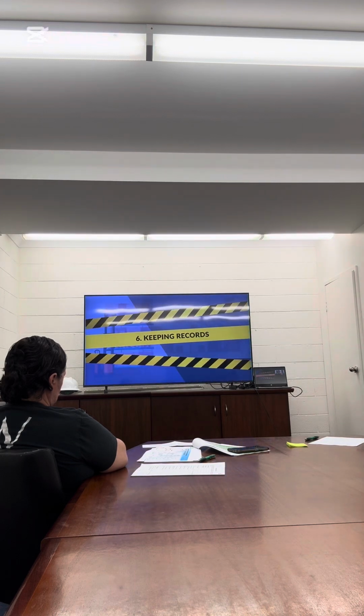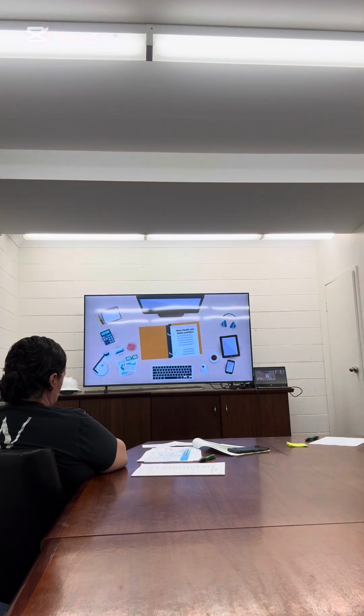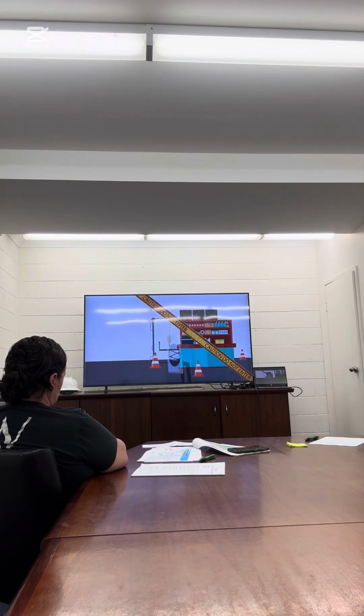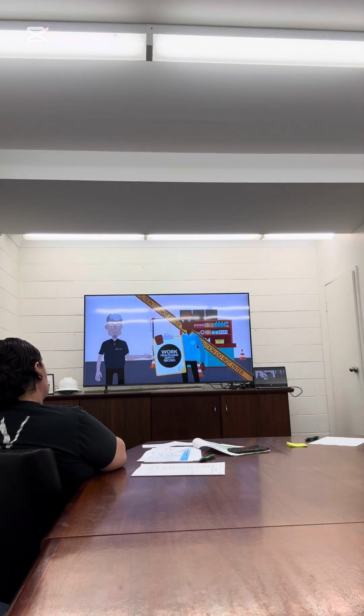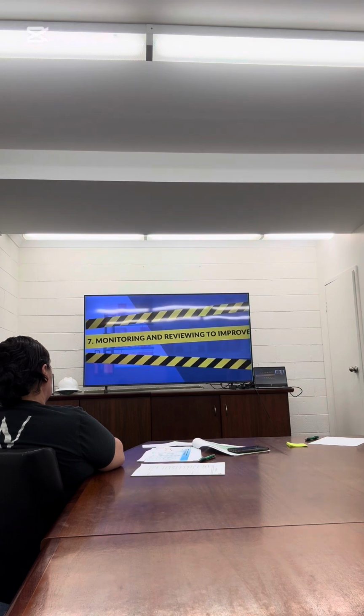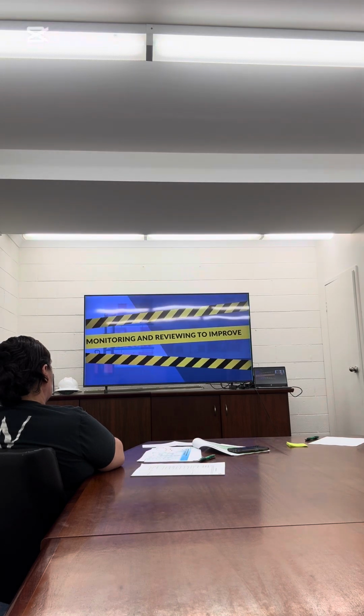Keeping records. Written records of your work health and safety activities, near misses and incidents are important for your business. These records can help demonstrate what you have done to manage safety in your workplace. This can be important if an incident occurs requiring investigation. Monitoring and reviewing to improve.